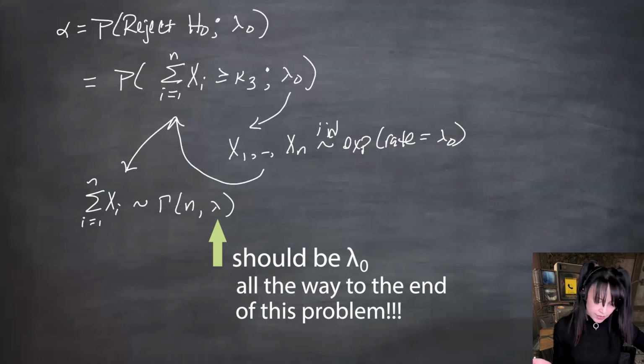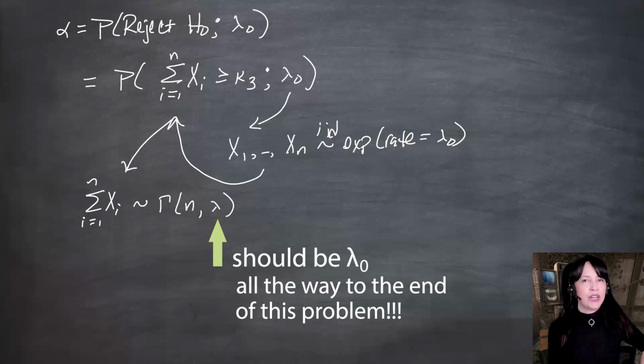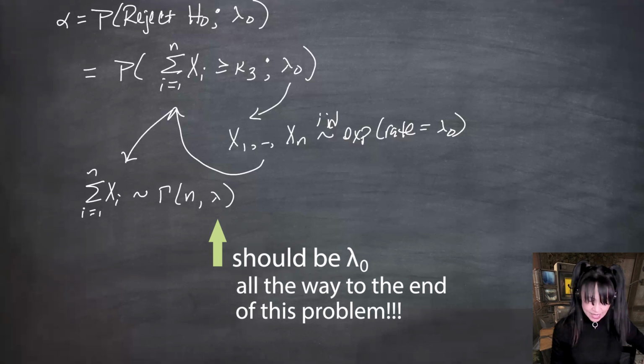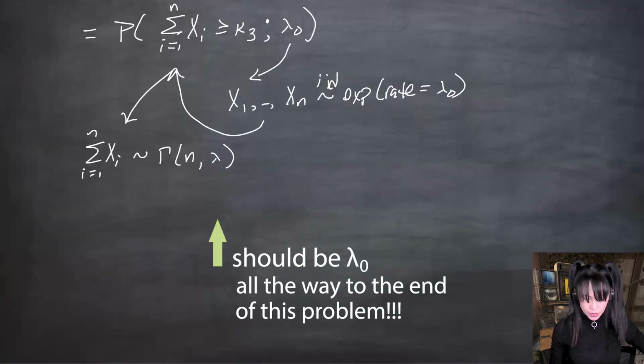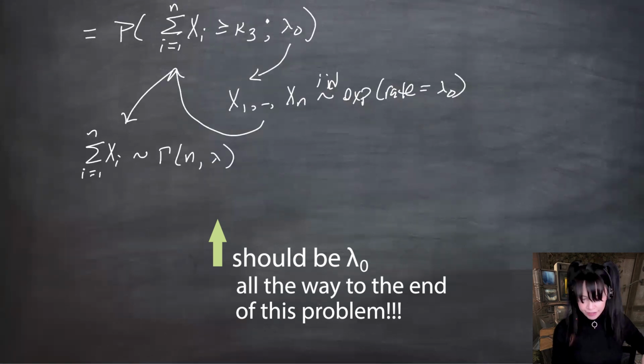So maybe we give that a name, but we can't find exact critical values for the gamma distribution. If we had actual numbers here, like an actual lambda naught and lambda 1, then maybe you could do this numerically, but we can't integrate the gamma distribution. We can't find CDF values in closed form. So this is perfect for giving a test in terms of a chi-squared critical value. If you want to turn this into a chi-squared, we need to get the second parameter to be 1/2.